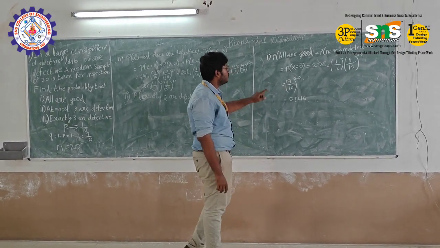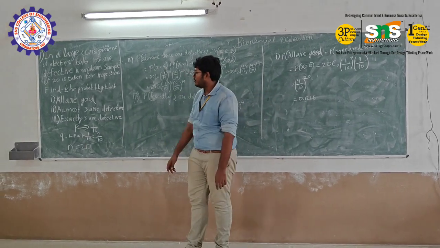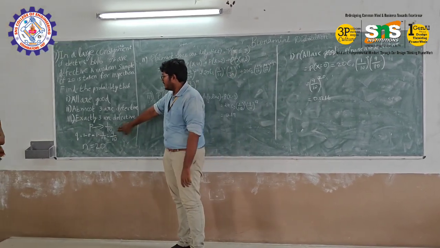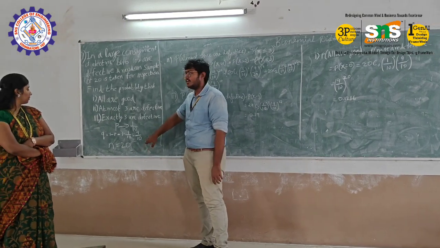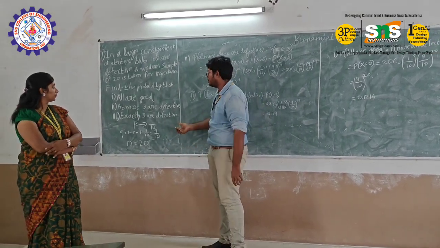Before we apply the formula, we have to find three things: P, Q and N. These are all essential to fill into the formula.